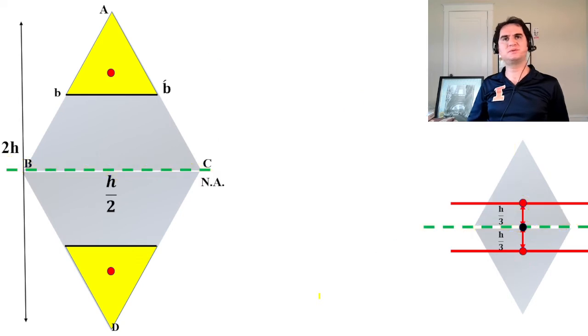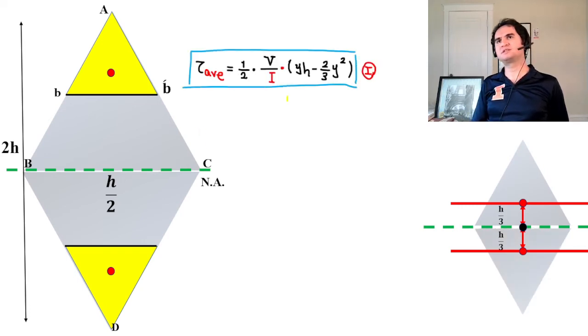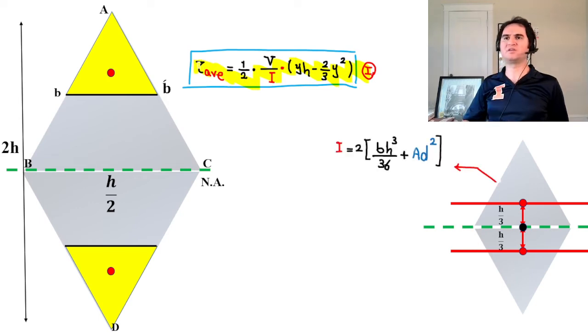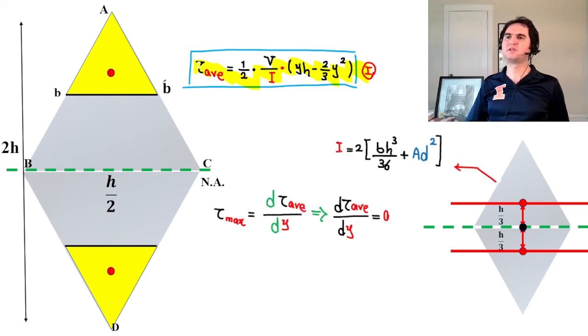So the next step is like the previous example. If we know tau average is this equation, and we already have the area and the moment of inertia, tau maximum is nothing but the derivative of tau average with respect to y, setting it to 0 to get the relation of y based on height.